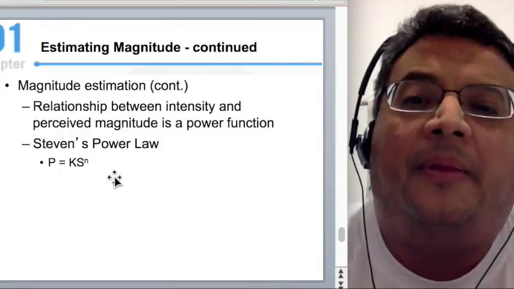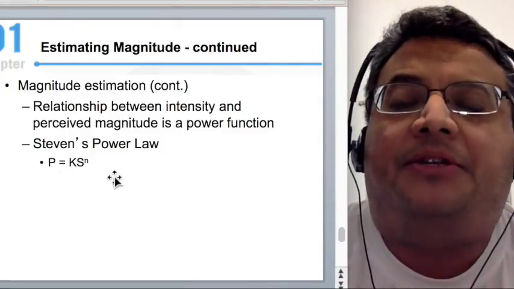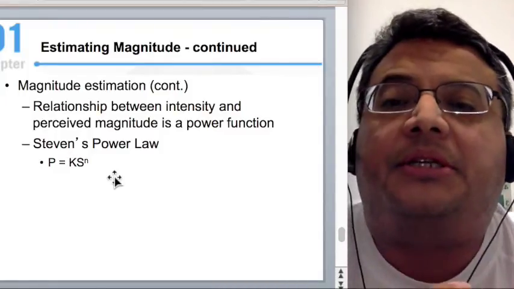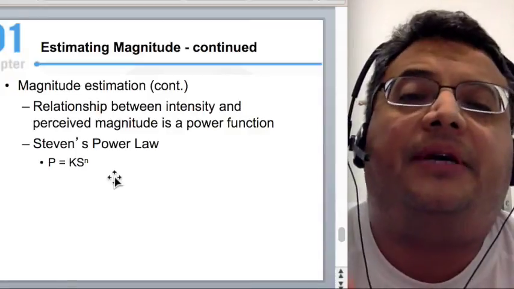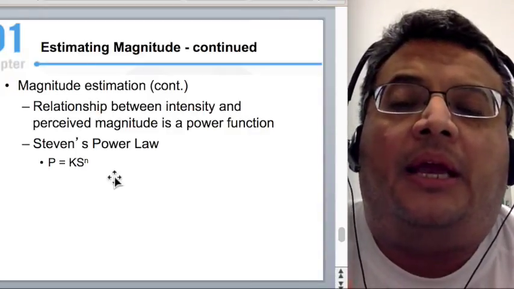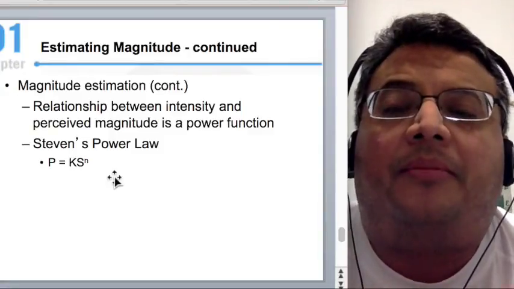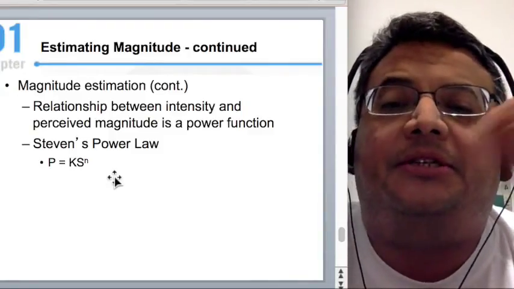The perceived magnitude P is equal to some constant times the stimulus intensity taken to a power, the stimulus intensity to the power n.